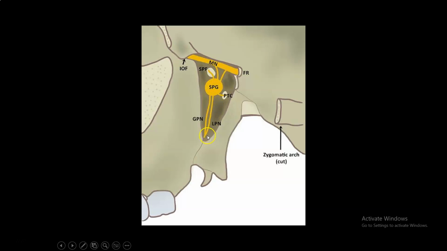Also the lesser superficial petrosal nerve is passing but not relaying in this, because the lesser superficial petrosal of the glossopharyngeal relays in the otic ganglion, to the parotid gland.